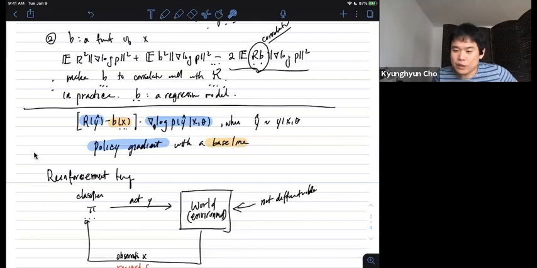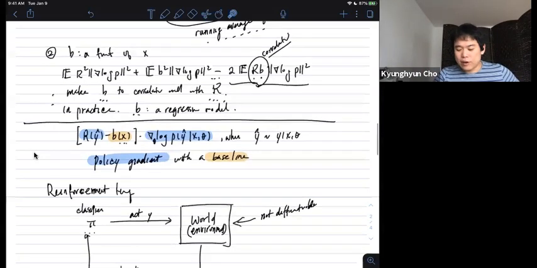How do we decide the function for b of x? Unfortunately, there's no definite answer for b of x, because the optimal choice of b of x depends on the reward function, and we don't know how it's implemented.